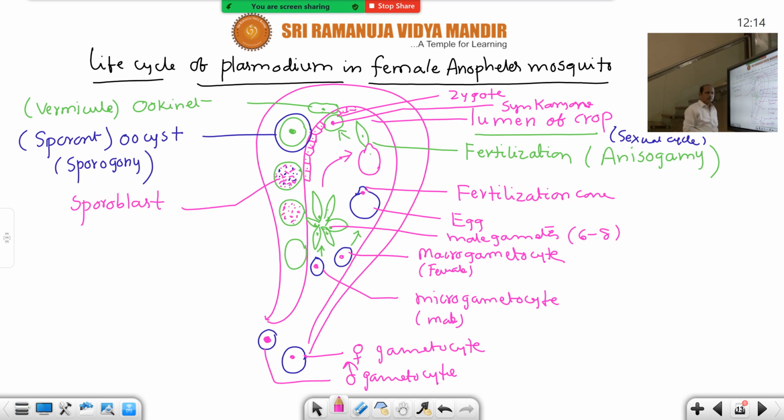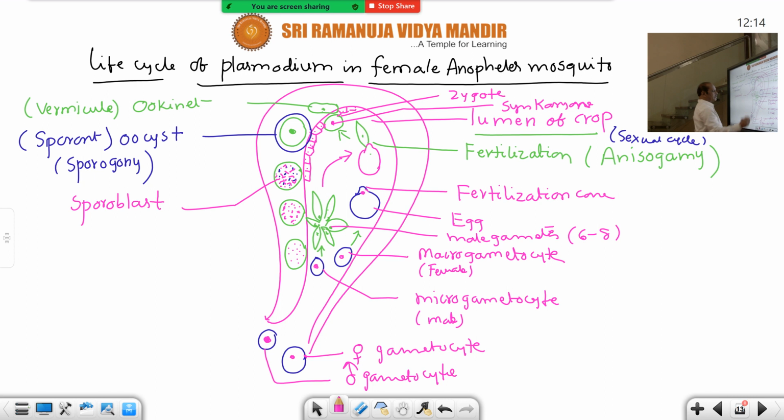All these 10,000 daughter nuclei are surrounded by a cytoplasmic bit like this, which are sickle shaped.